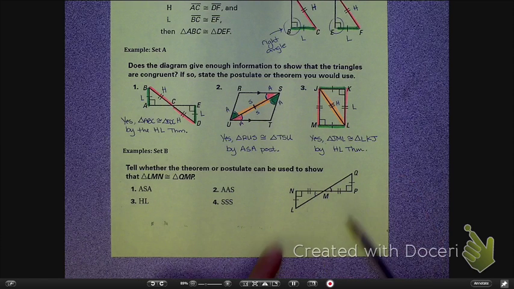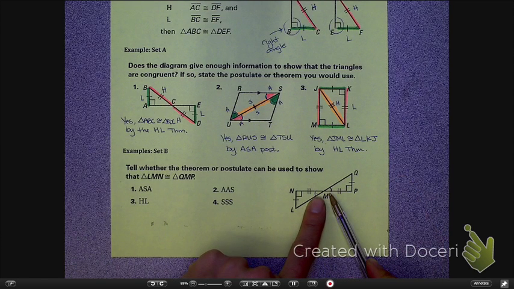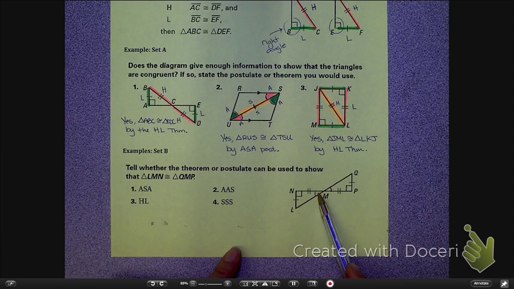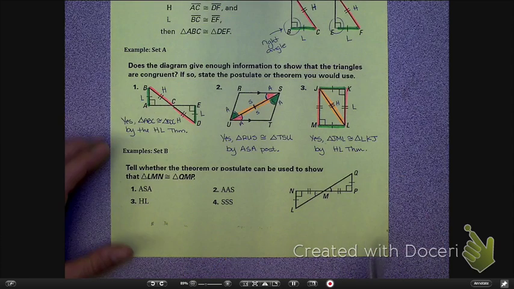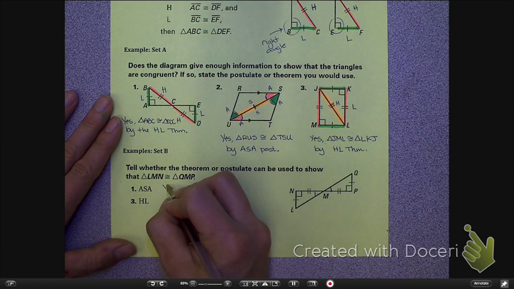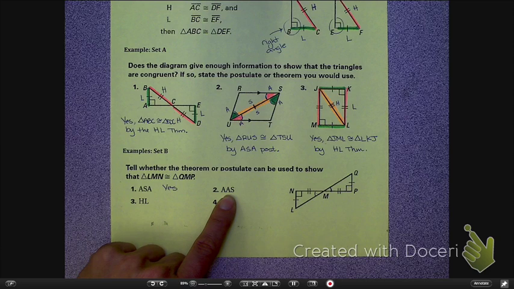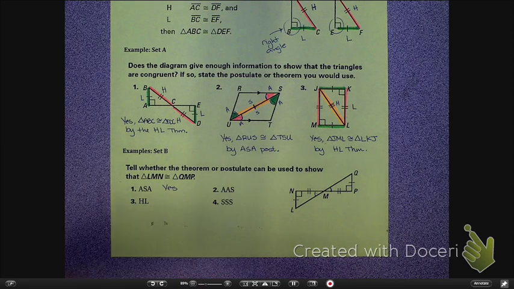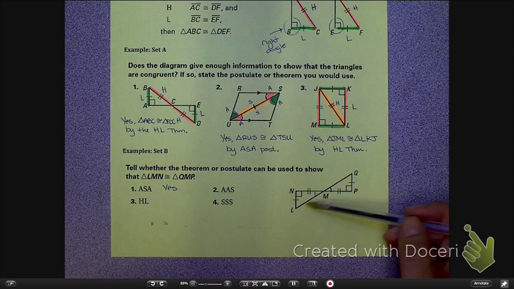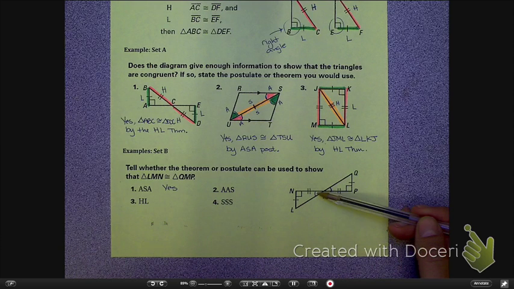Now that I have marked those vertical angles congruent, can I show angle, side, angle? Yes. So this one would be yes. Let's take a look at number 2. Angle, angle, side. If I'm looking for angle, angle, side, do I have anything marked right now that is proving angle, angle, side?